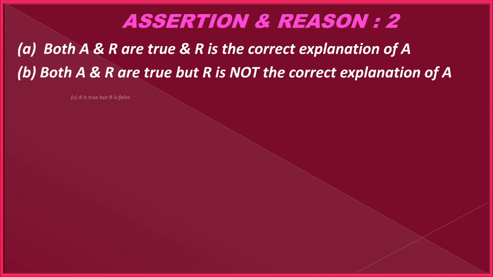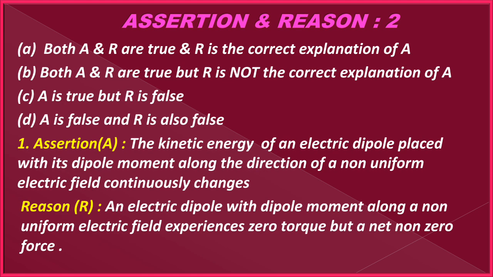Now assertion and reason number 2. Once again you will see there are four options A, B, C and D. Out of these four options you have to select correct one. So let us try to understand what is given in the assertion.